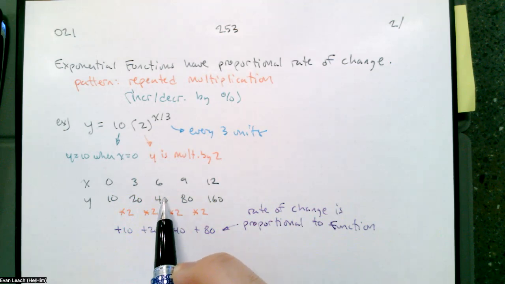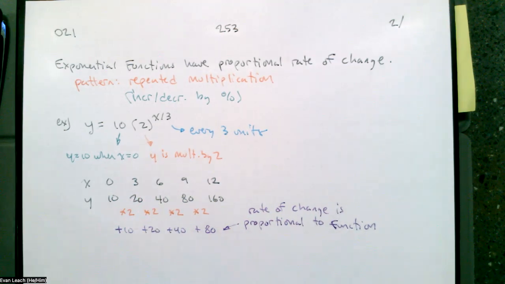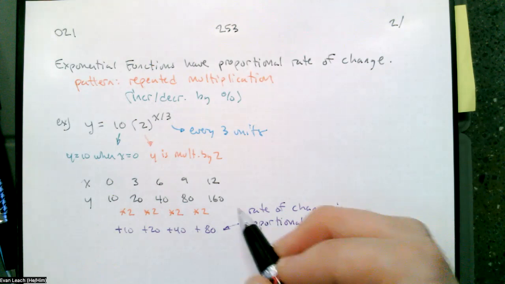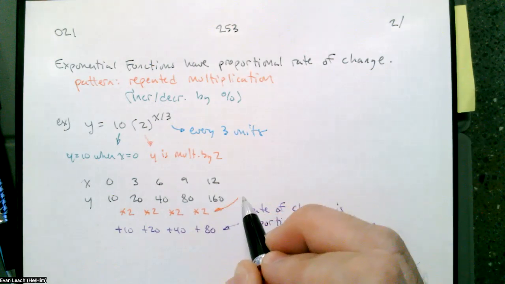When the function was doubled, the rate of change also doubled. The rate of change is proportional to the function. This shows up mechanically as what we call multiplication. That's our pattern of repeated multiplication.